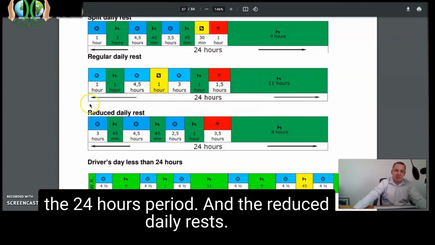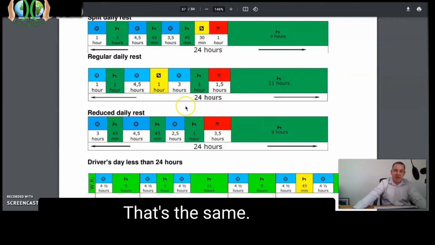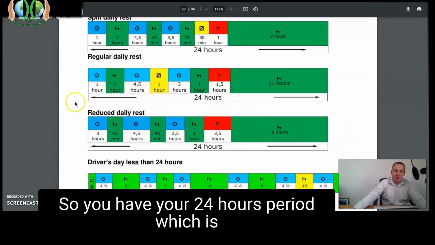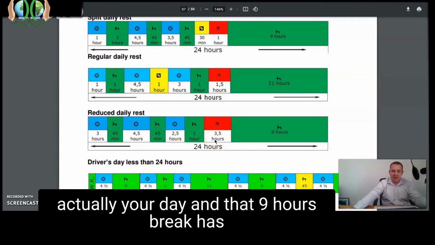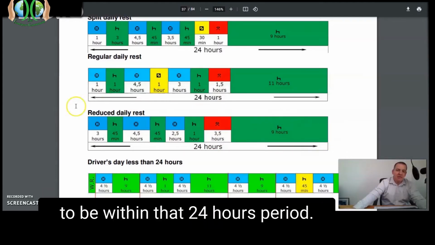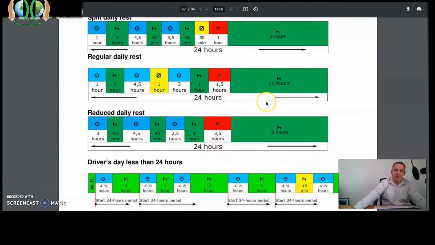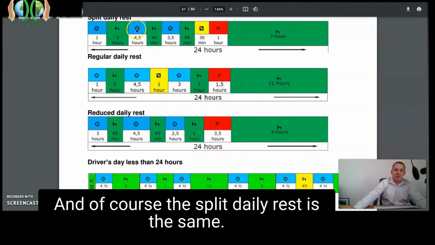And the reduced daily rest, that's the same. You have your 24 hours period, which is actually your day, and that 9 hours break has to be within that 24 hours period. And of course the split daily rest is the same.